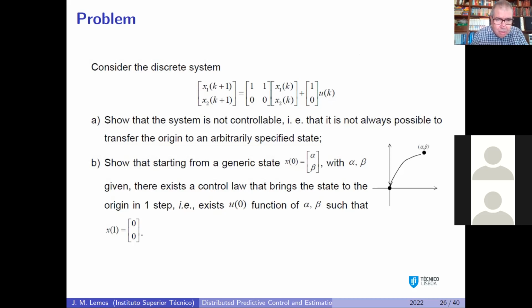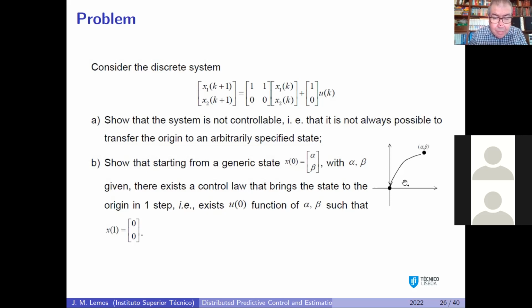I specify some point at any place, and I may not be able to reach it. So what is the most direct way of answering this question? Can someone tell me? No one?